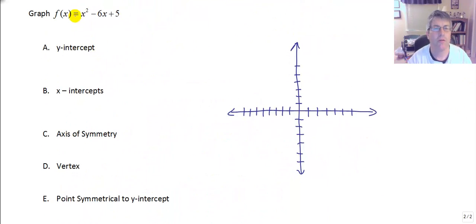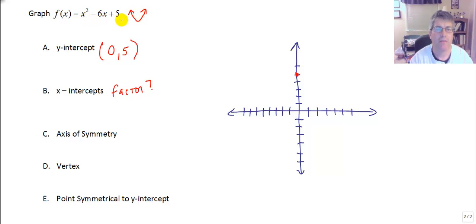So let's do another sample. f of x equals x squared minus 6x plus 5. Hopefully you know that the y-intercept, you can eyeball that, is at 0, 5. So 1, 2, 3, 4, 5. Find the x-intercepts. Well, let's see if we can factor. That looks like it might be factorable.